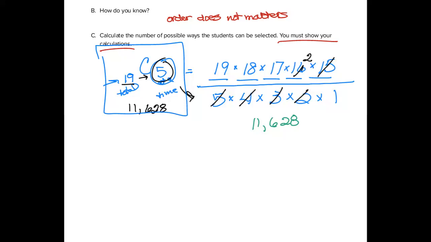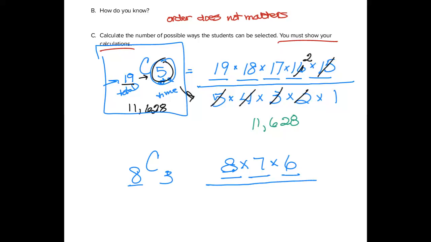I can show you another quick one. If we were to take, let's say, 8 combination of 3, how do we write that out? You start with 8 and you do 3 spots. 8 times 7 times 6, okay? All divided by, if we just left that, this would be 8 permutation 3.